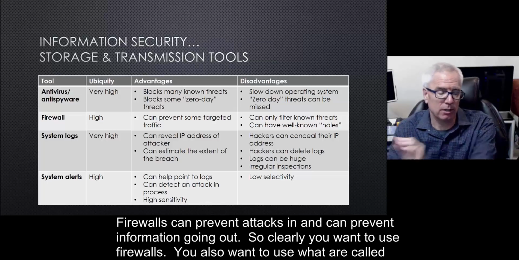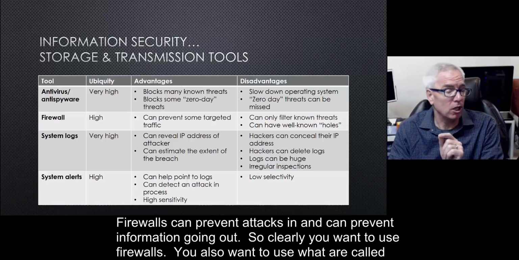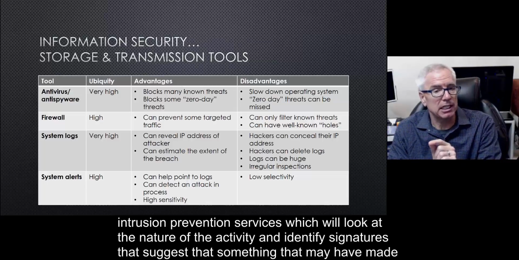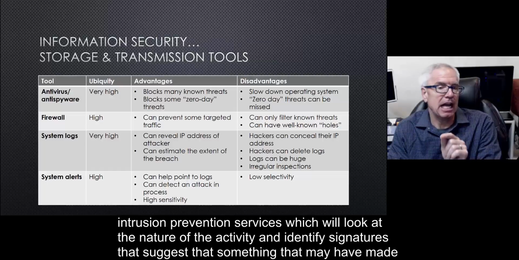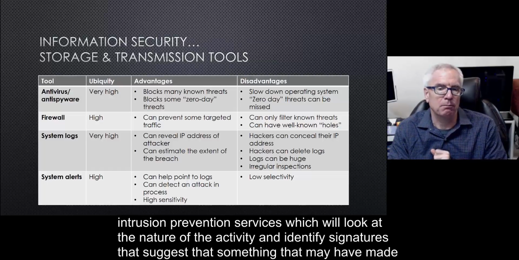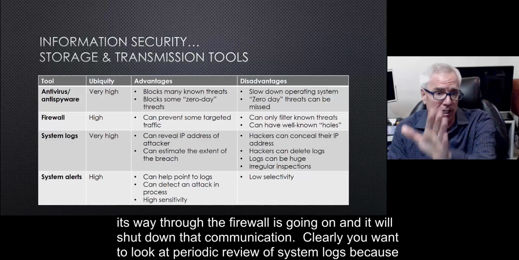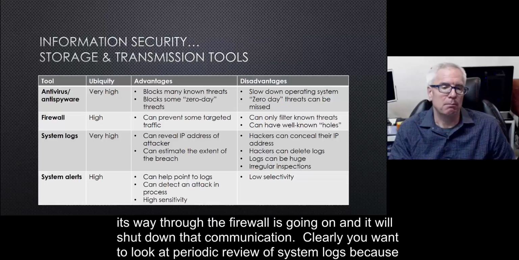So clearly you want to use firewalls. You also want to use what are called intrusion prevention services, which will look at the nature of the activity and identify signatures that suggest that something that may have made its way through the firewall is going on, and it will shut down that communication.